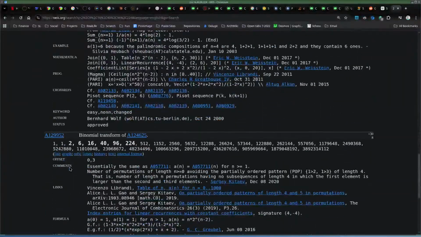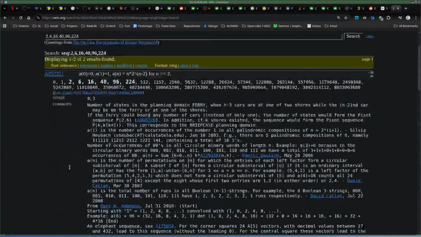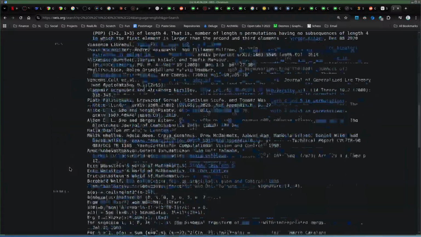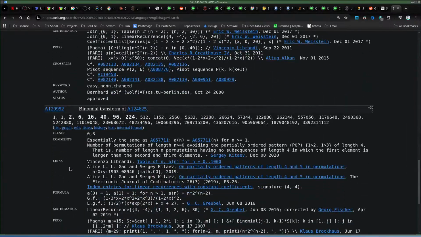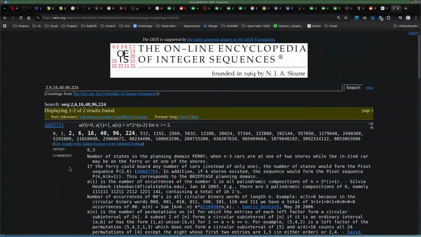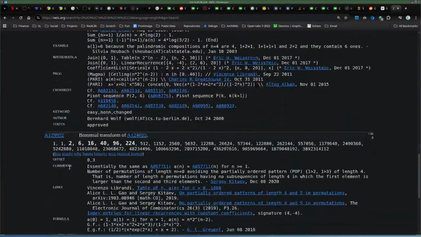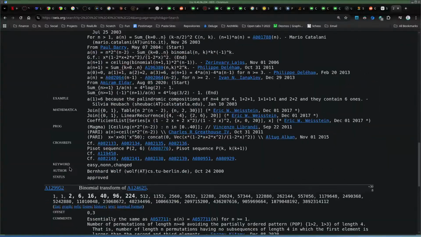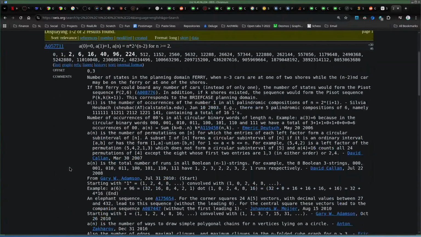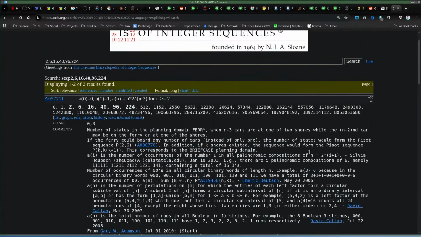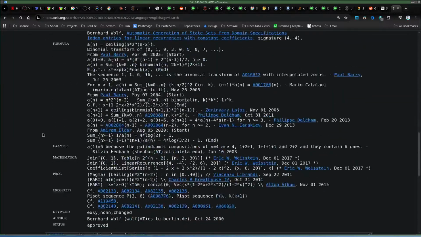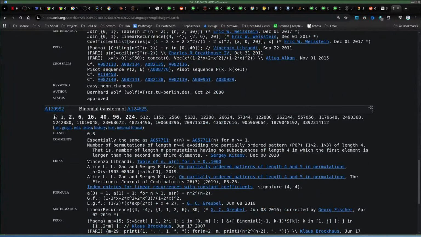The next one, it's 512 here and 512 there, and then we get 1152, 1152, 2560, 2560. It's just the same bloody sequence. 0, 1, 2. No, this one begins with a 1.